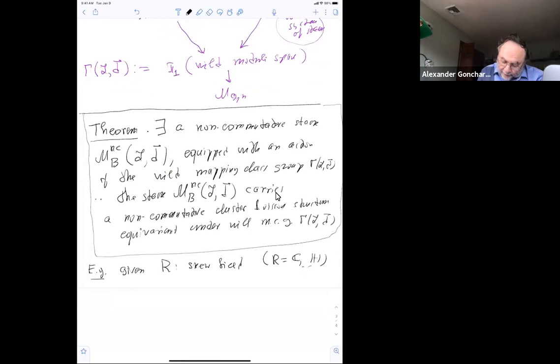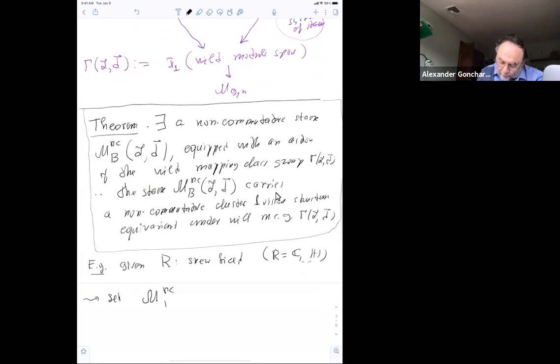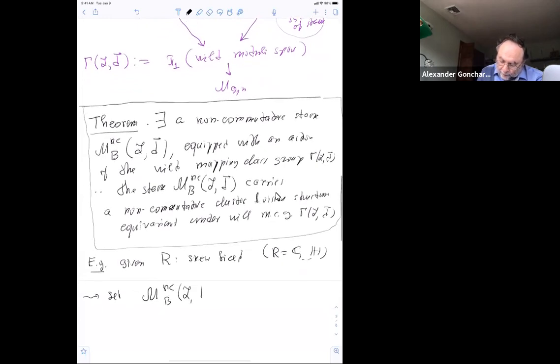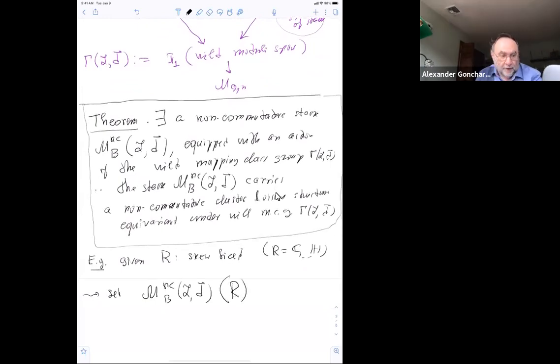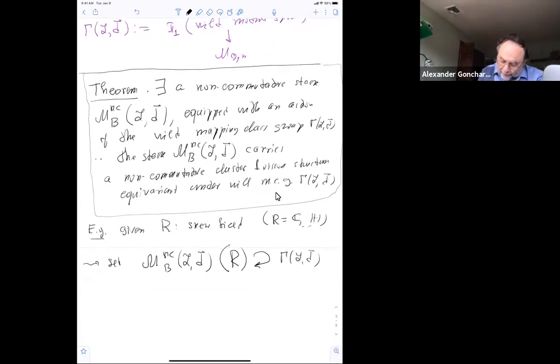Then you get a set of points of this non-commutative space of Stokes data with values in this non-commutative field and the mapping class group acts here. And actually, you can try to do the same for any ring. And then I have to be a little bit more careful talking about points, because I have to assume that some elements of this ring are invertible. But this is morally what's going on.